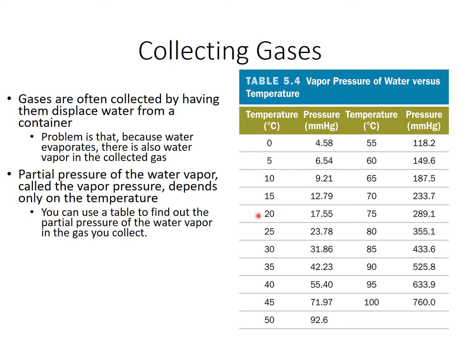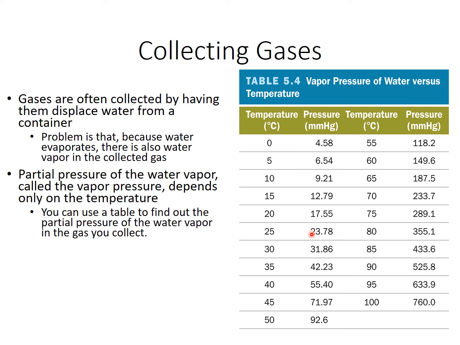But we're often going to be closer to maybe 20 or 25 degrees Celsius, which is more like room temperature. And here you can see we have maybe somewhere between 17 and 24 millimeters of mercury associated with that water vapor. So that will be the partial pressure of water at that particular temperature.